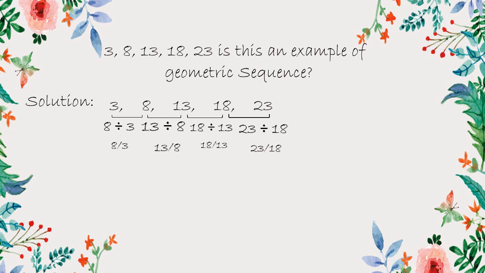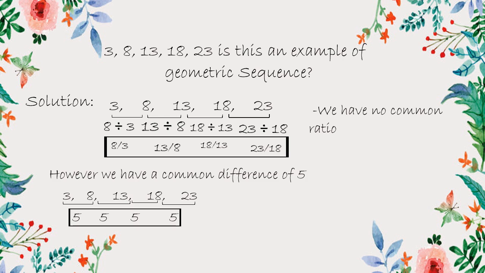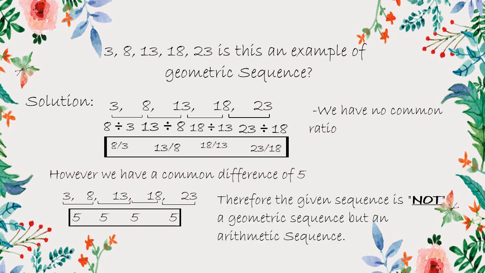So you can see that we have no common ratio. However, we have a common difference, and the common difference is 5. Therefore, the given sequence is not a geometric sequence, but an arithmetic sequence.